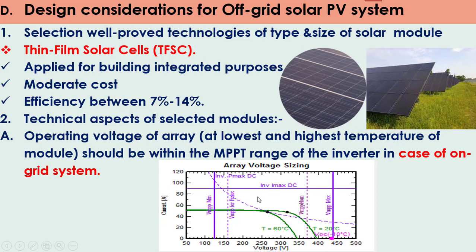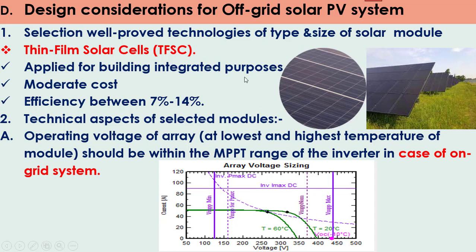So we are looking carefully at this diagram. As we see, this represents the voltage on the x-axis and the current on the y-axis, and this represents the array voltage sizing in the case of an on-grid system.